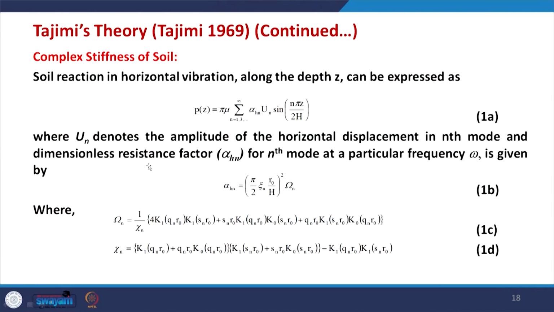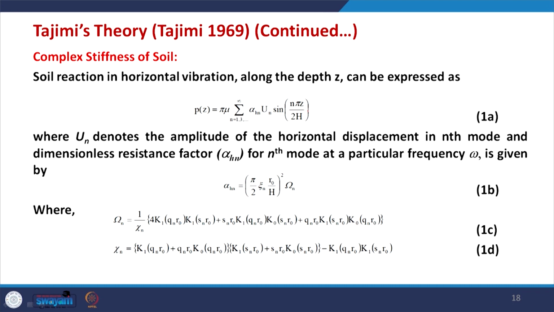According to how the displacement varies, you can get the soil reaction. Pz is given using equation 1a, where mu is the shear modulus and Lame's constant, un is the amplitude of horizontal displacement, z is depth, and h is the maximum value of z.